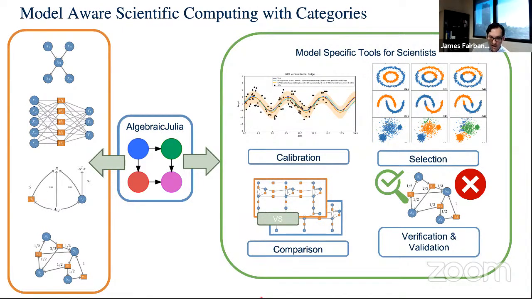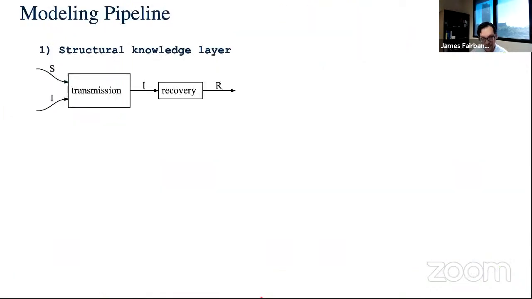We want to reduce that, just like how with CSets, we're able to implement limits and colimits and rewriting for all indexing schemas. We want to be able to implement calibration, selection, comparison, verification, validation for all modeling frameworks simultaneously. So we really need powerful abstractions if we're going to do this.